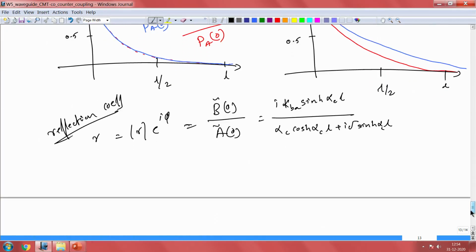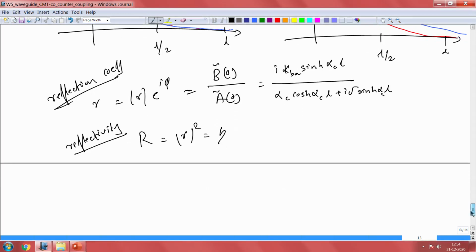So, the reflectivity, the reflection coefficient squared, or in other notation eta, is the reflectivity that you get. Let us say, what is the phase shift that you may get?